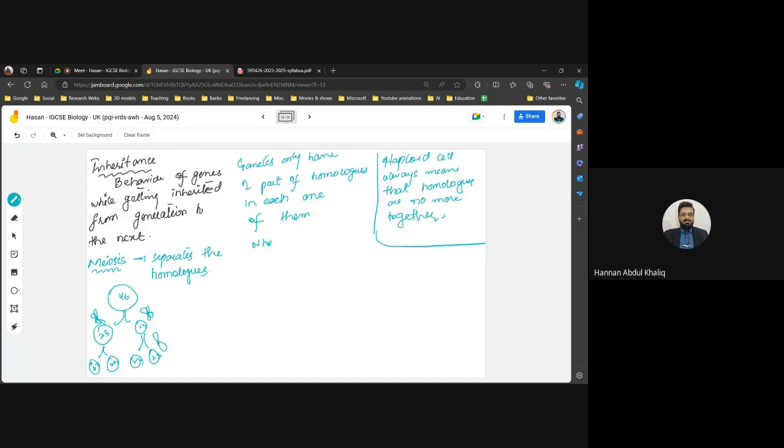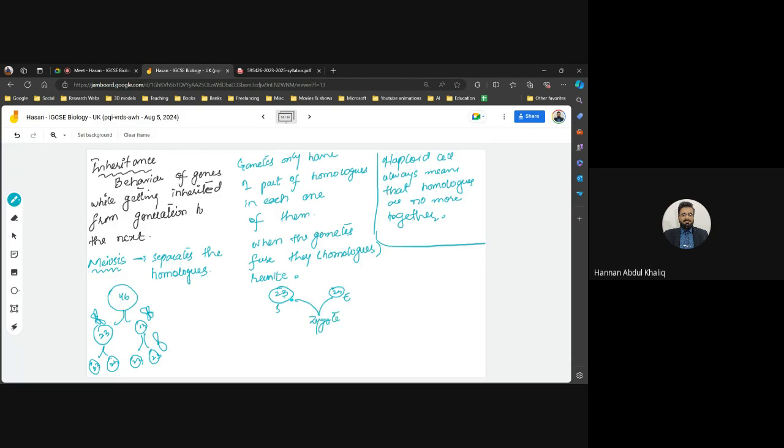When the gametes fuse, by they I mean homologs, they reunite. And what is the proof of that? The proof is that if we have 23 in a sperm and 23 in the egg, they unite to form a zygote.